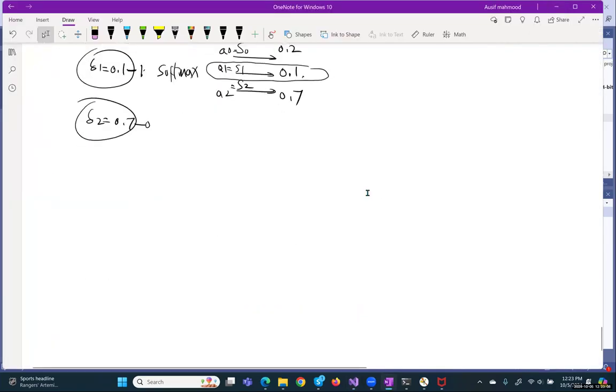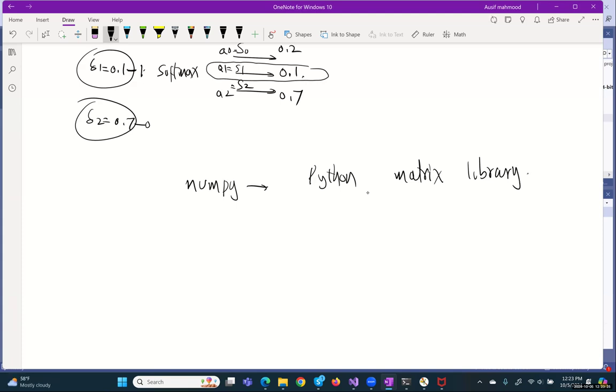NumPy is Python's matrix library, and it's very easy. For example, in the very top, you will say import numpy as np, so that if you say np something, it will recognize it, right?